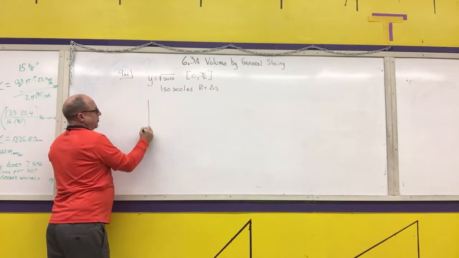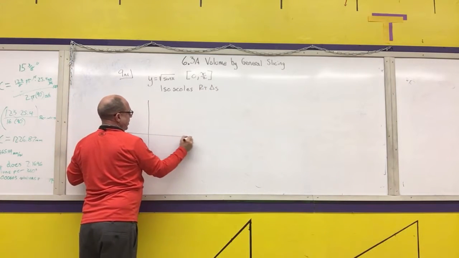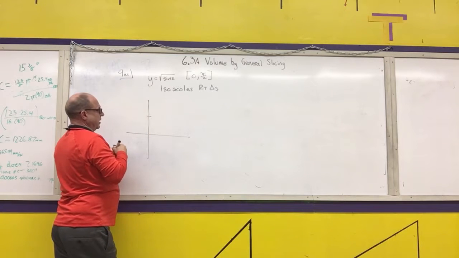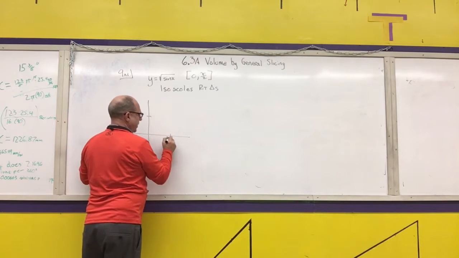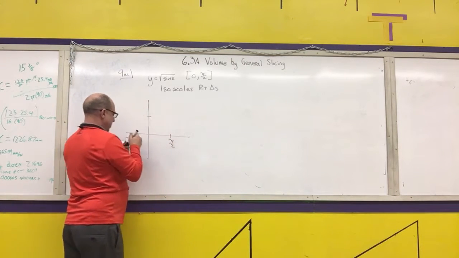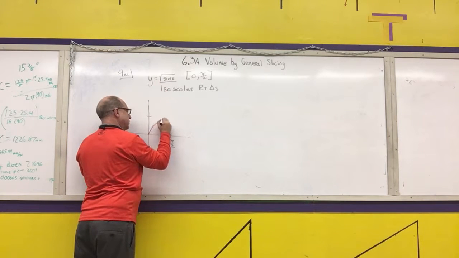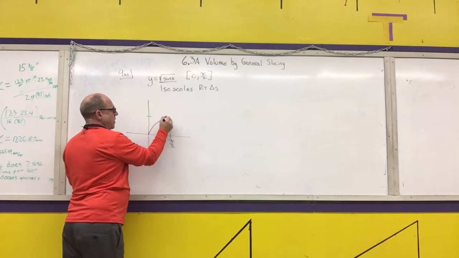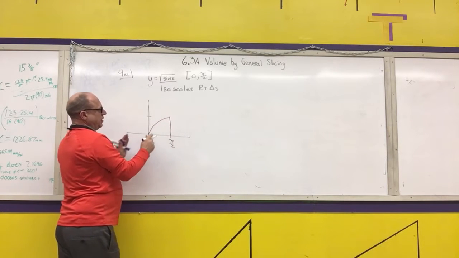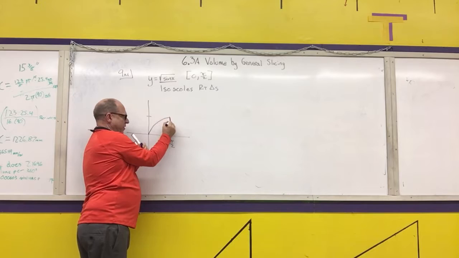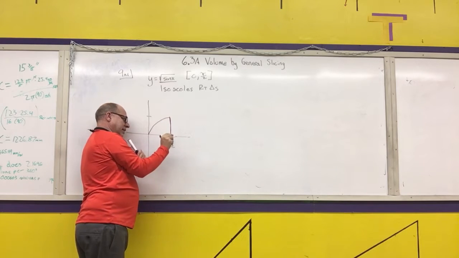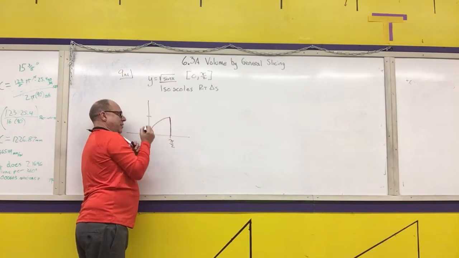So first thing I want to do is graph my region in the applicable area. The sine function between 0 and pi halves looks like this. And in each one of these, I want to make an isosceles right triangle where that's a side length, then I have a side length coming out of the board, and then I have the hypotenuse.